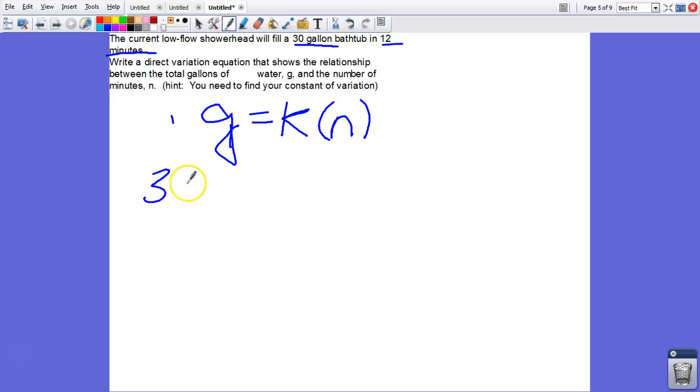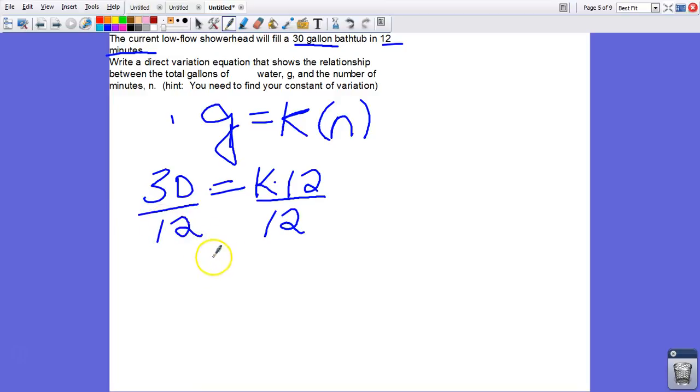So I have 30 equals K times 12, right? If I divide both sides by 12, then my constant of variation is equal to 2.5.